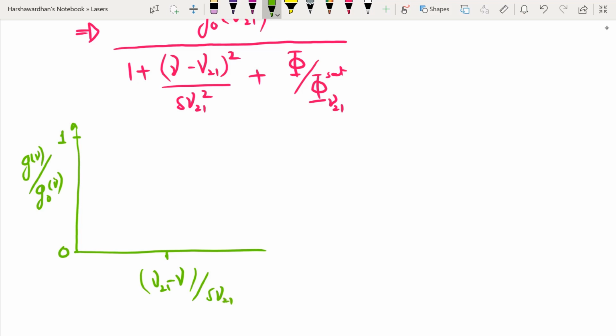So at nu equal to nu to 1, I'll be sitting here at 0 at the line center, and so what you get is basically the Lorentzian form.